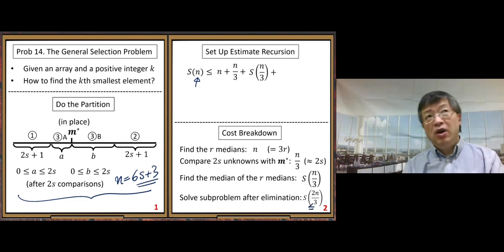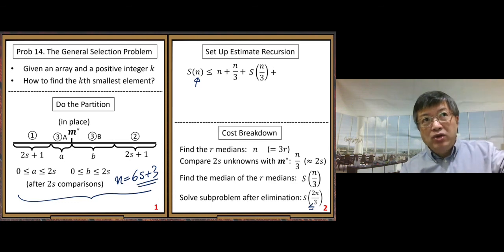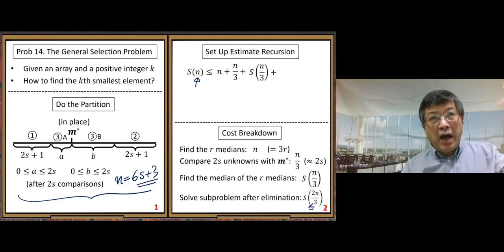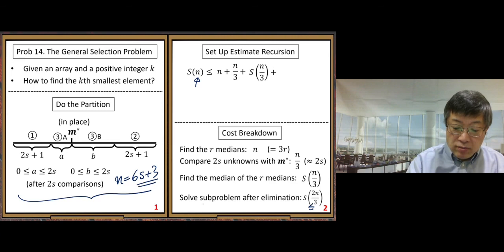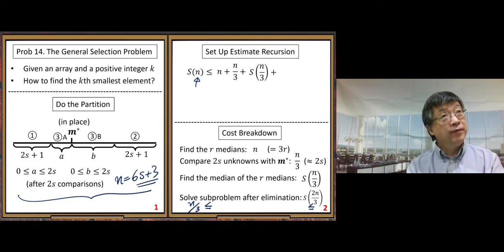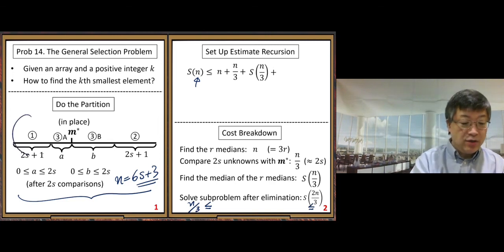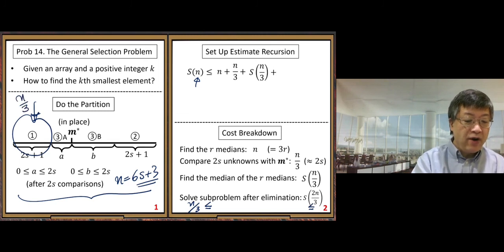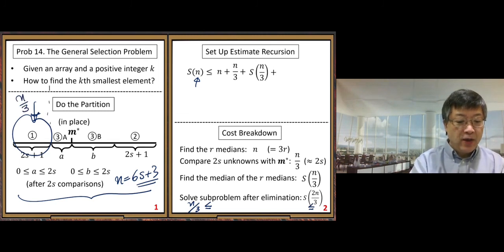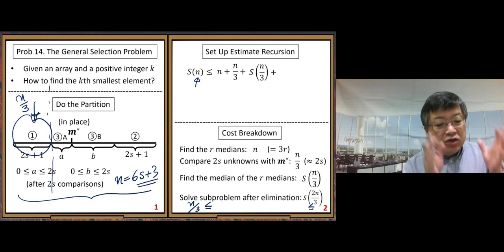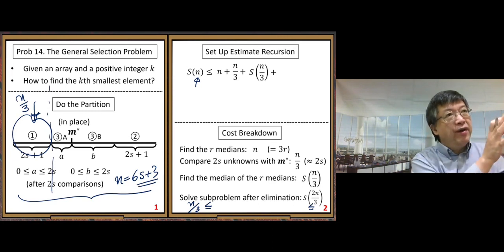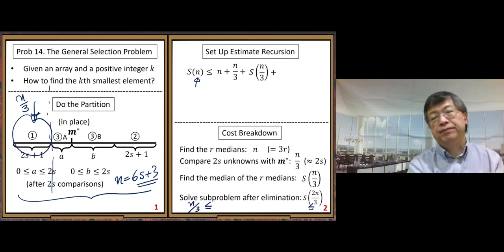Why at most? The subarray that we drop has size greater or equal to 2s plus 1, and this 2s plus 1 is approximately 1/3 of n. So we can at least drop 1/3 of n.